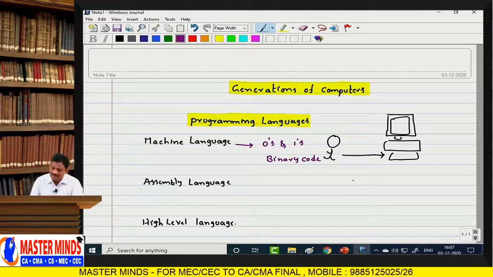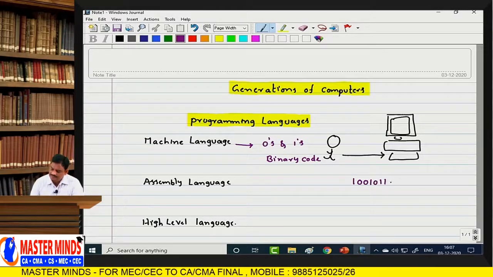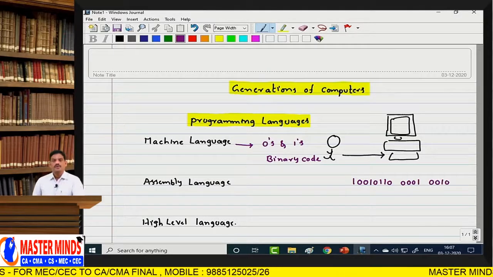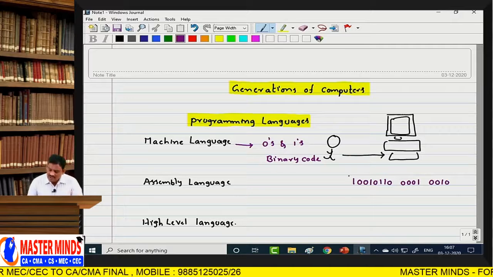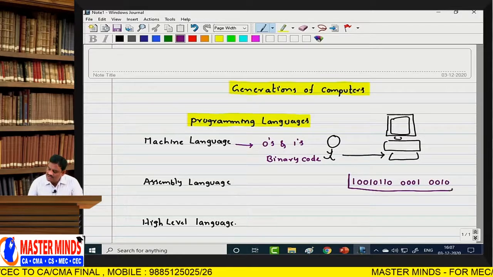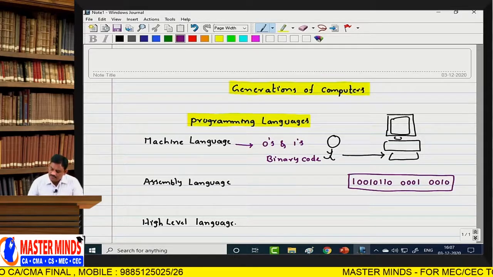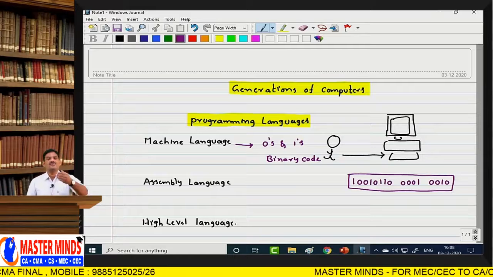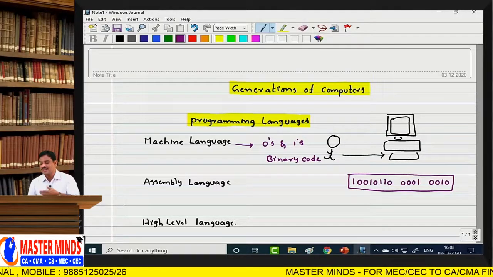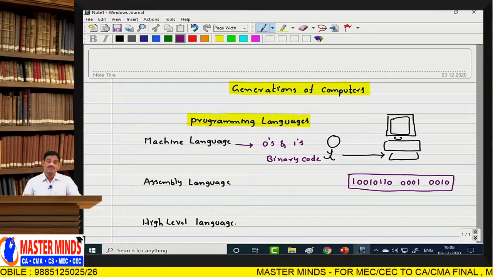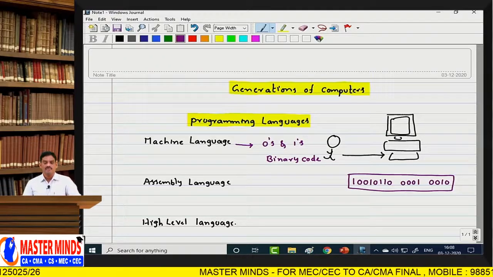Consider a machine language instruction like this. If an instruction in machine language looks like this, the user cannot directly understand what the meaning of that instruction is, but a machine can clearly understand what it means.